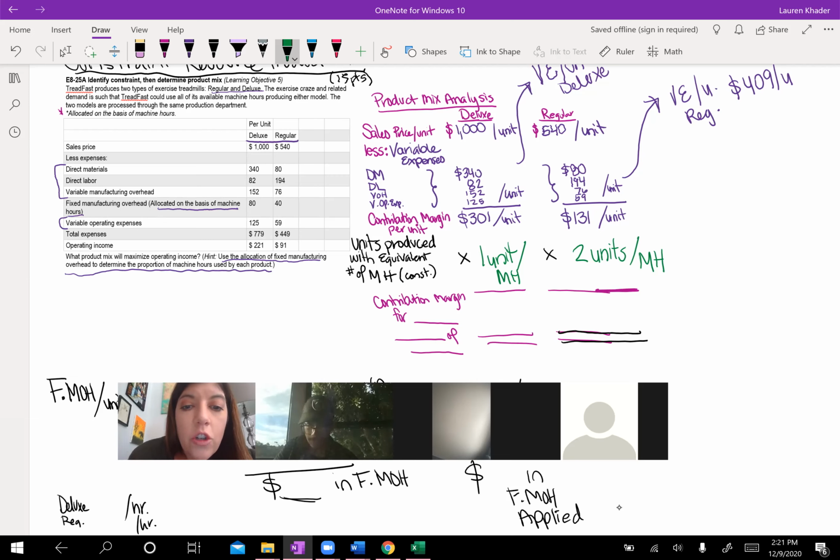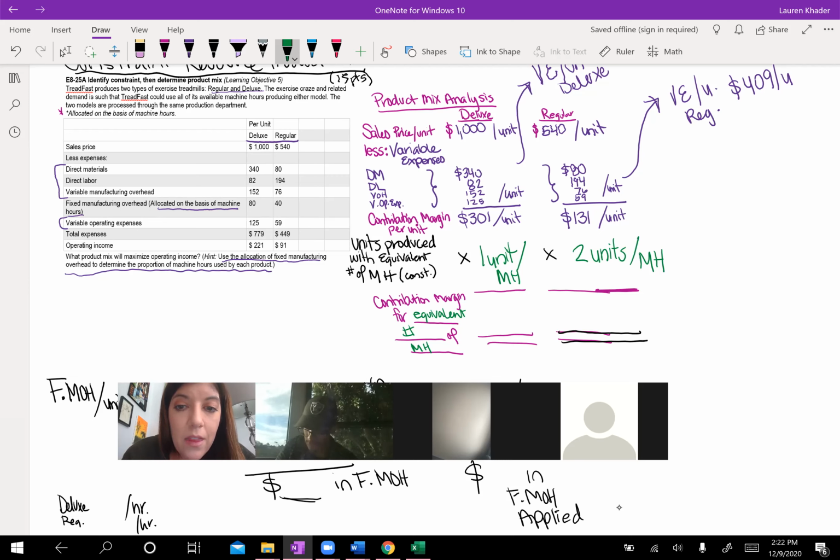So our contribution margin for the equivalent number of machine hours, which is our constraint, is 301 per unit times 1 unit per machine hour.